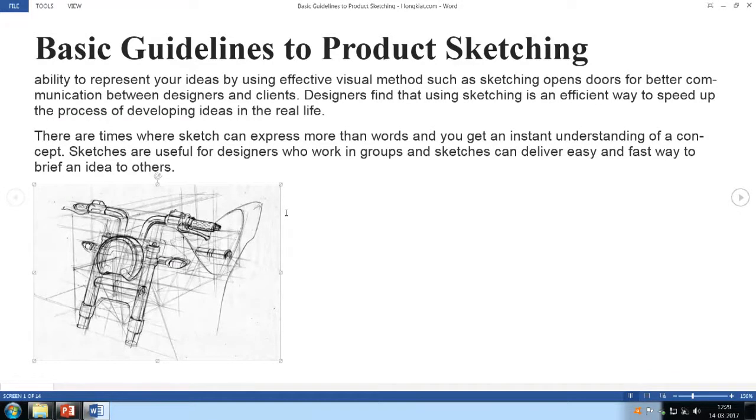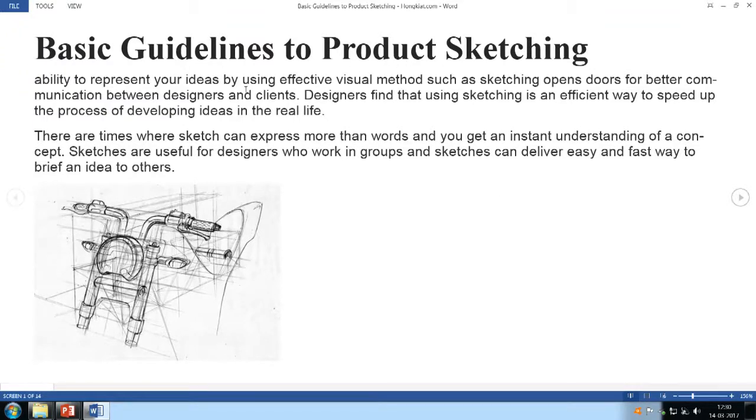Similarly, the same way, you have one more interesting thing, this is honkyard.com. You can go to product sketching on, I do not know how, probably honkyard.com, and then try to look at this beautiful basic guidelines to product sketching.